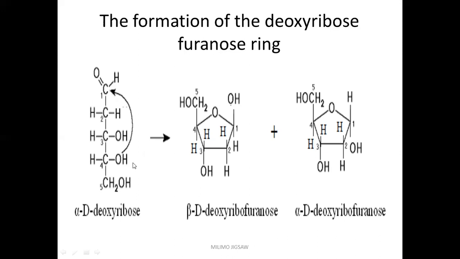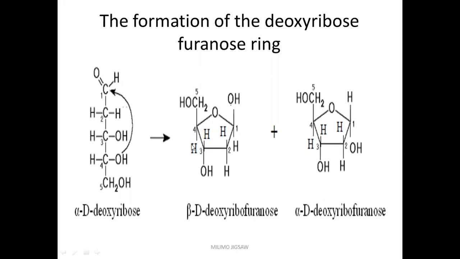group. So that OH group is either above the plane or below the plane. If it is above the plane, it is called beta, and if it is below the plane, it is called alpha.